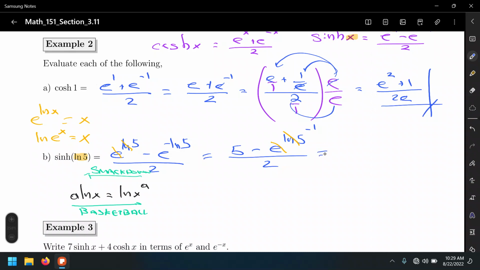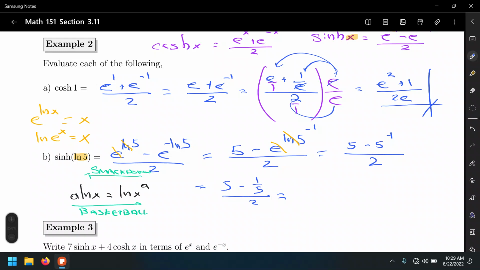All right, so this will leave us with 5 minus 5 to the negative 1. Yes, I could have written it as a 1/5 in one shot, but I'd rather show all steps, so I can show you where this 1/5 that I'm about to write is coming from. So 5 minus 1/5 over 2. And of course, we need to simplify this fraction.